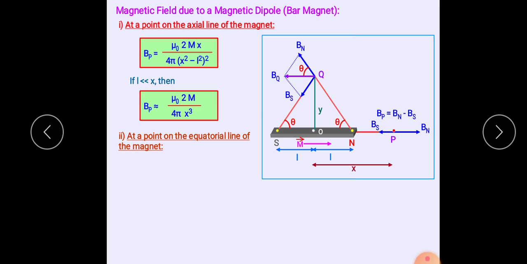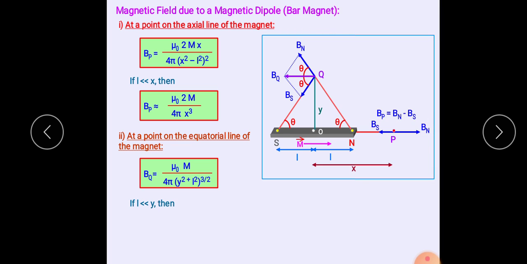By symmetry, the angle between BQ and Bn is theta, and the angle between BQ and Bs is theta. And you can solve: BQ equals mu naught upon 4 pi, m upon (y square plus L square) raised to power 3 by 2, where y is the distance of point Q from the midpoint of the dipole.